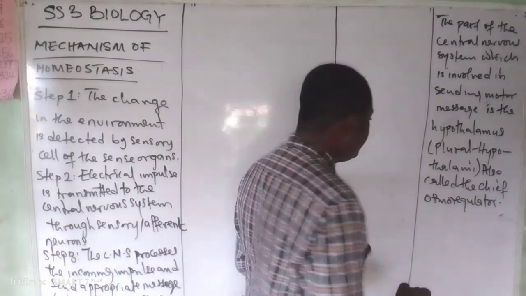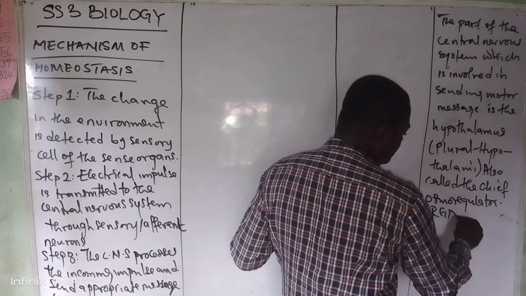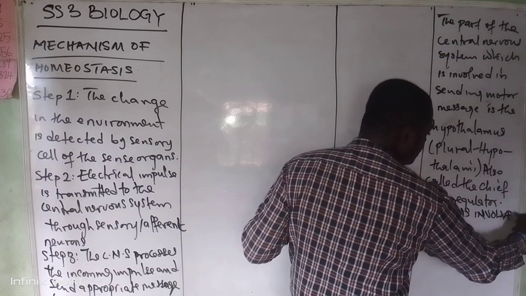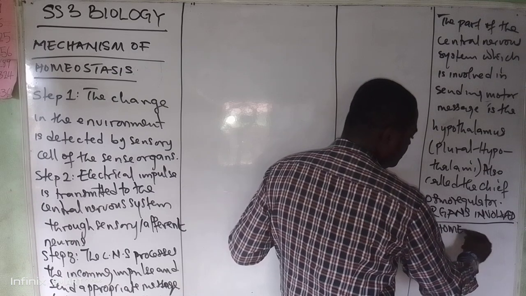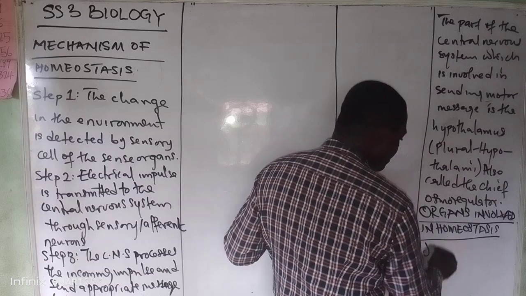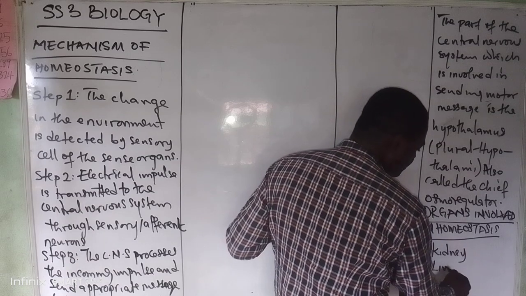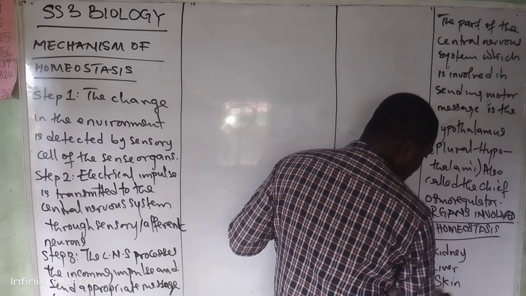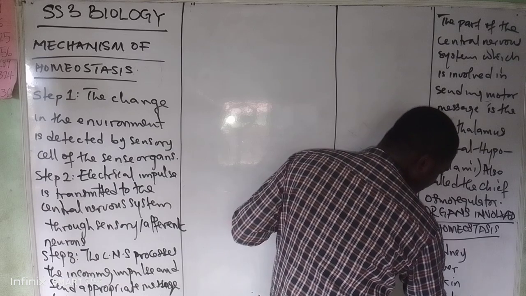Now, what are the organs involved in homeostasis? We have the kidney, we have the liver, we have the skin, we have the endocrine glands.